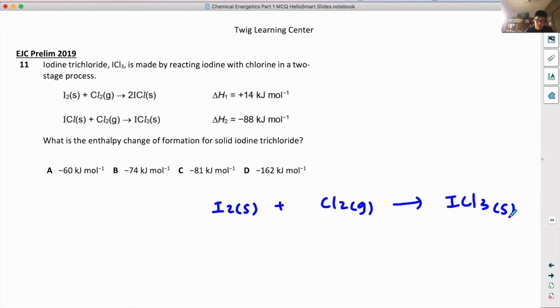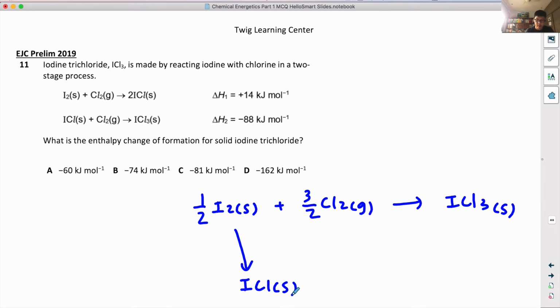So I'm going to try to balance this. Here I think I should put a half, and this one I'm going to put 3 over 2.